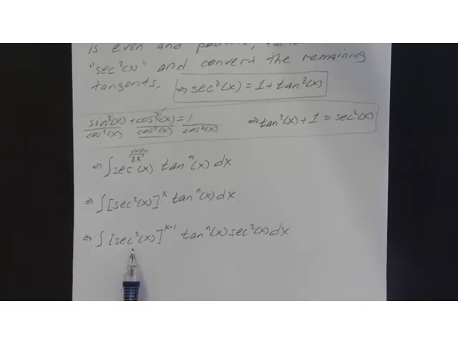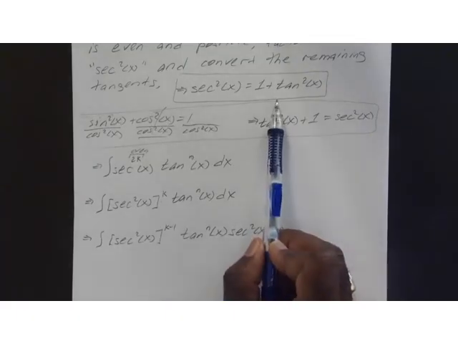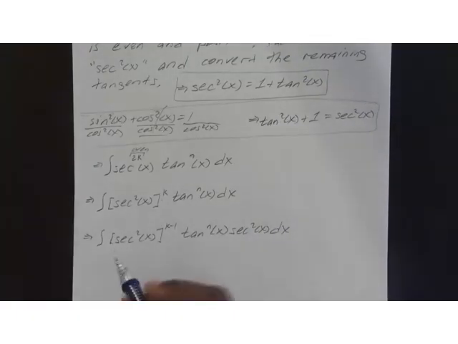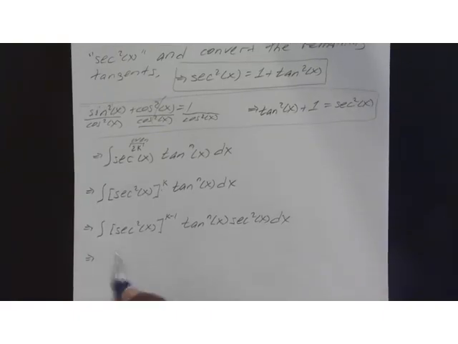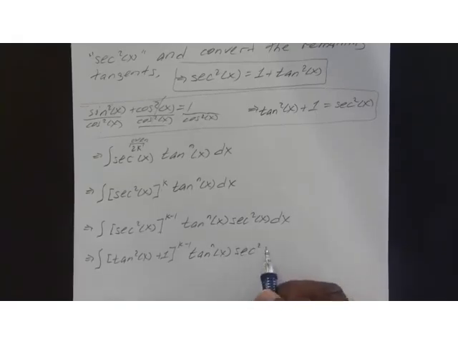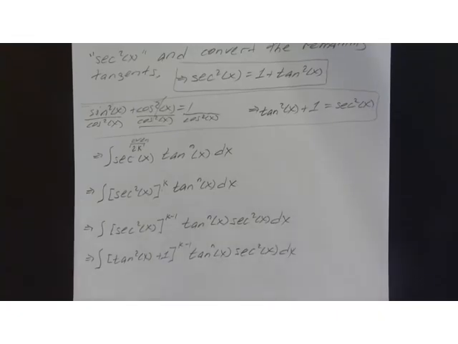Then the secant squared inside the bracket, that's the one you're going to replace with 1 plus tangent squared. So times the nth power of tangent times secant squared of x. And doing that should put it in the form to where you can actually use substitution.